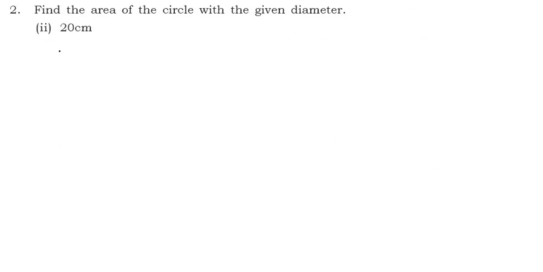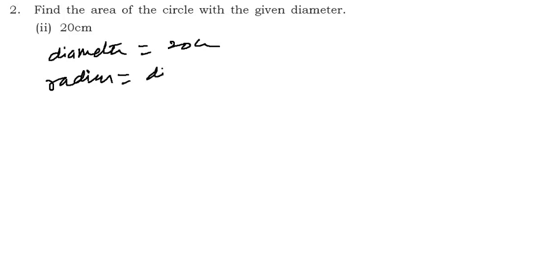Now come to the next one. So there is the 20 centimeter. It is your diameter. So you can write here diameter. It is 20 centimeter. Find the radius. Radius will be equal to diameter divided by 2. So here is the 20/2. That is the 10 centimeters.